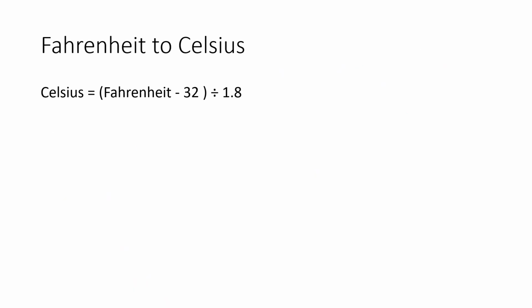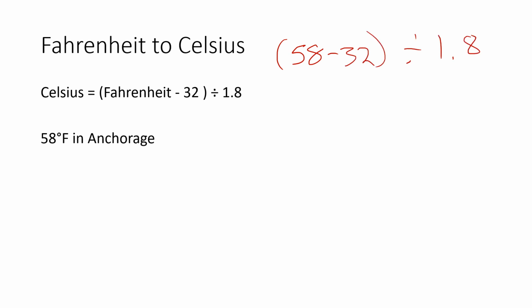Let's do one more example. Anchorage. Let's go up to Alaska. What temperature is it in Anchorage? So currently 58 degrees in Anchorage, Alaska. Let's do 58 minus 32 divided by 1.8. So we start with 58 minus 32, which is 26, divided by 1.8.